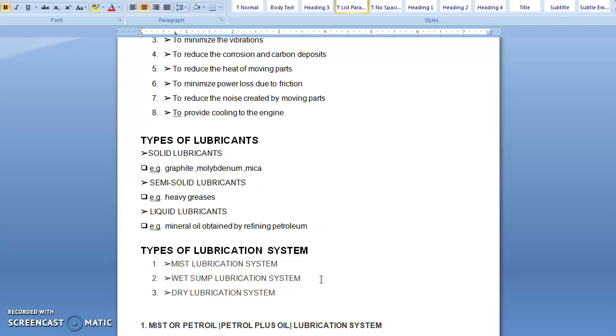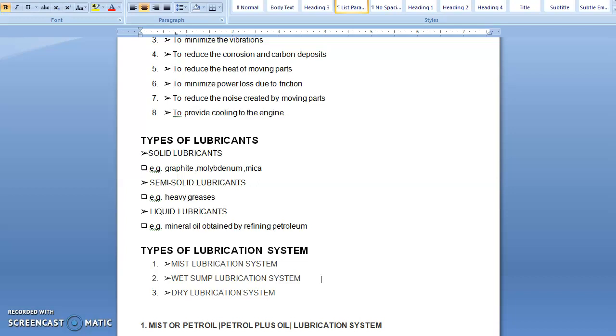When both are mixed together in the fuel tank, due to the vibration generated by uneven road surfaces, they get mixed properly, and this mixed oil enters the carburetor and finally the combustion chamber.